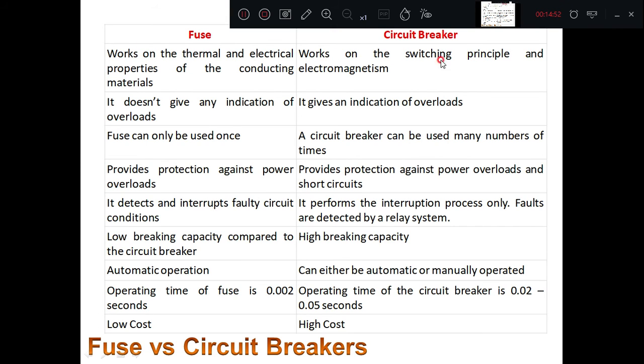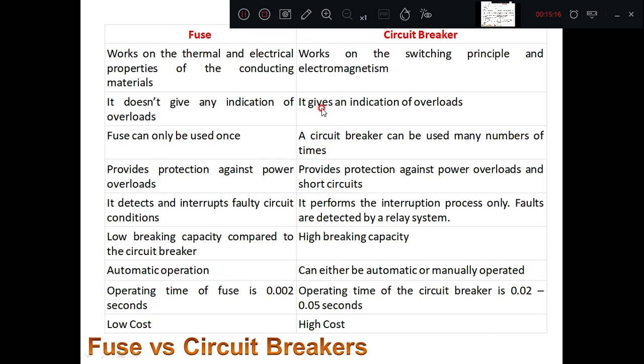The circuit breaker works on the switching principle and electromagnetism, with a lever mechanism. The fuse does not give any indication of overloads. When the current exceeds a certain limit, because of the heavy current, heat is produced, and because of that the fuse will blow.